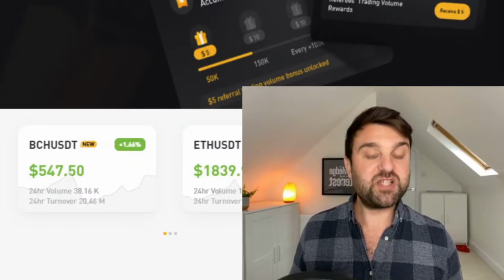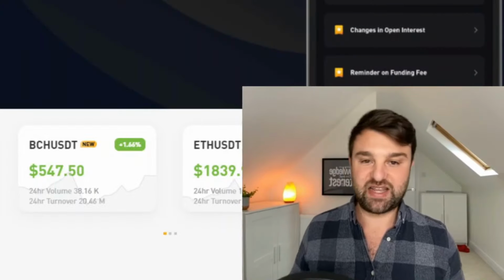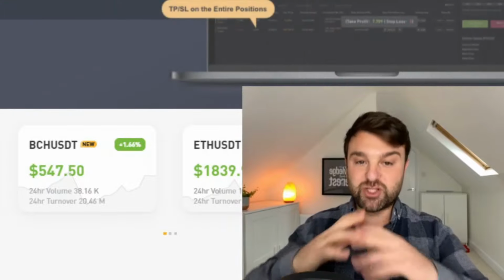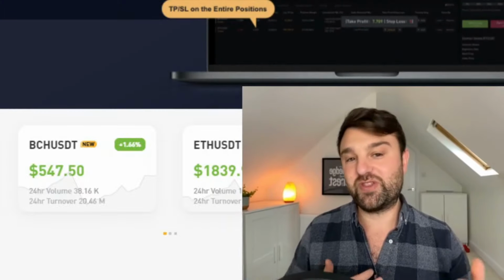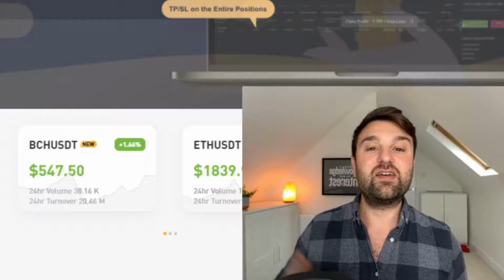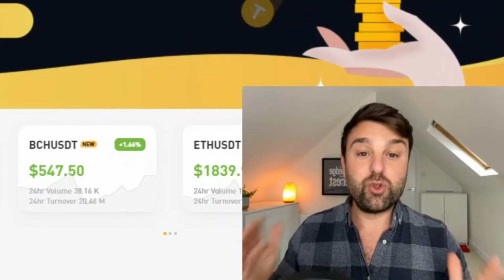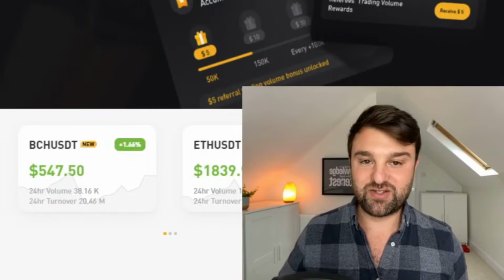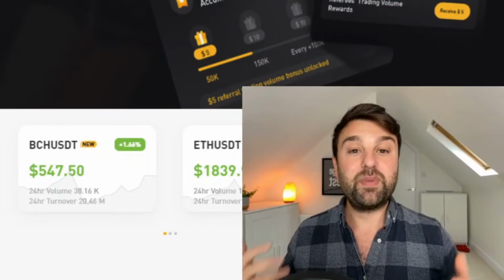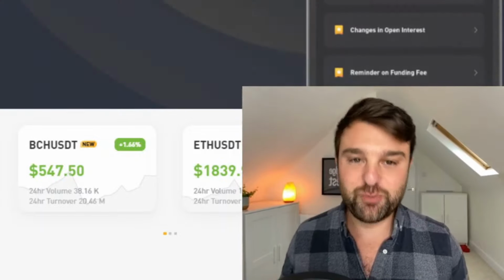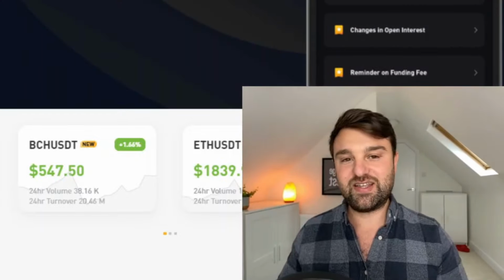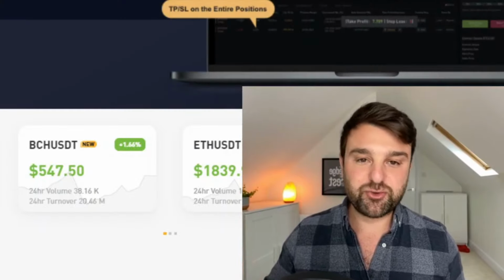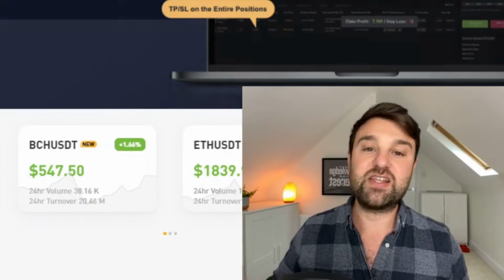Now, of course, if the property price goes up, let's say 10%, so it's now worth 330,000, you make the 10% on the total value of the trade, or in this case, the property. So you would make $30,000. Now, you've made that $30,000 by just putting in $30,000 because that was 10%. But in actual fact, you've made 100% profit because you've put down 30, you've made another 30, and the same is to be said in leverage trading, whether it be Forex or in this case, crypto.